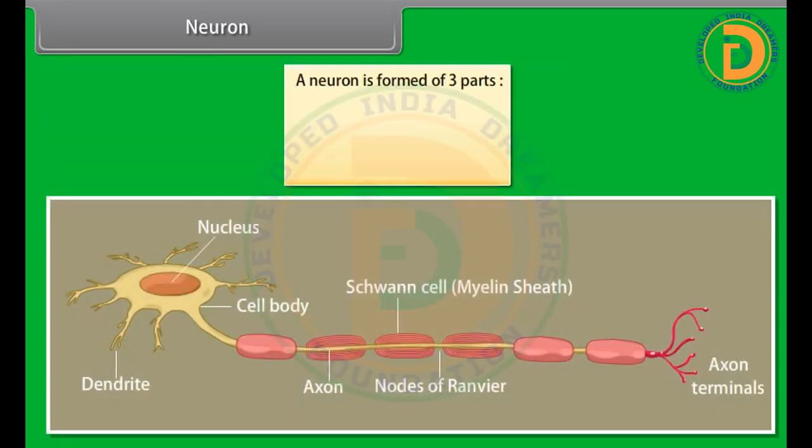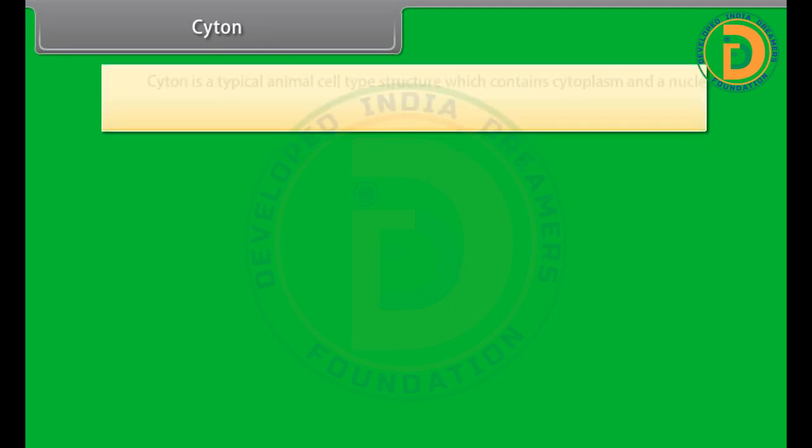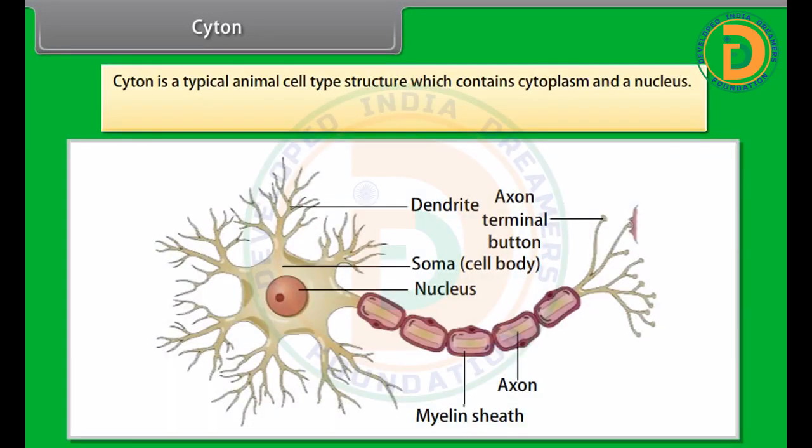A neuron is the longest cell in the human body and is about 100 cm long. A neuron is formed of 3 parts: cyton, dendrites, axon. Cyton. Cyton is a typical animal cell type structure which contains cytoplasm and a nucleus. It is spherical in shape and about 4 to 135 μm.